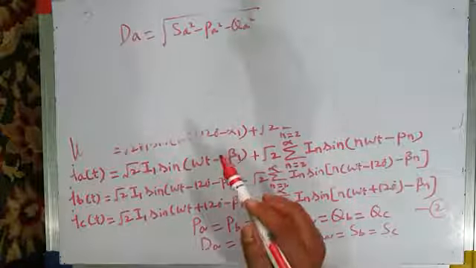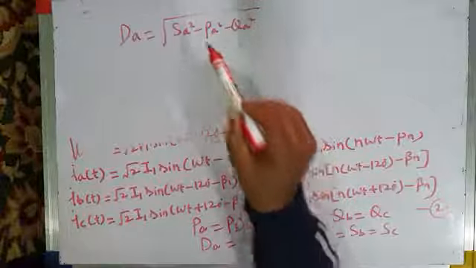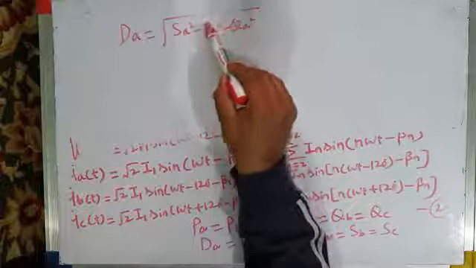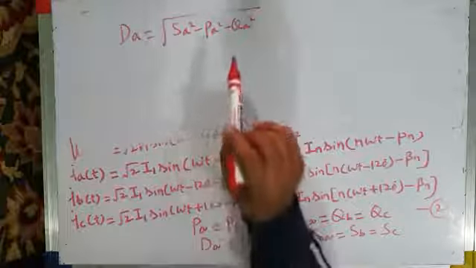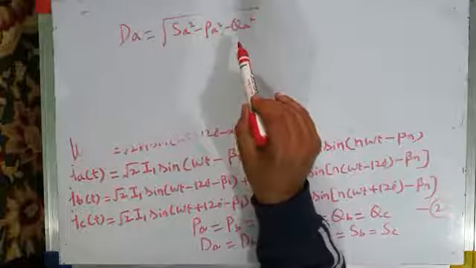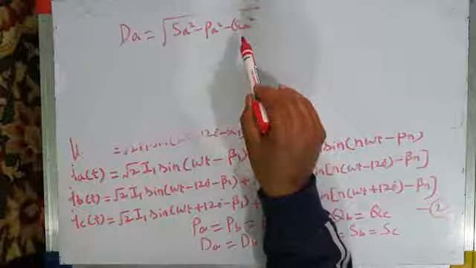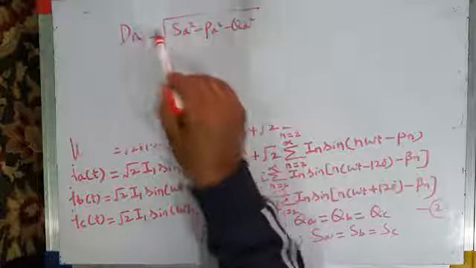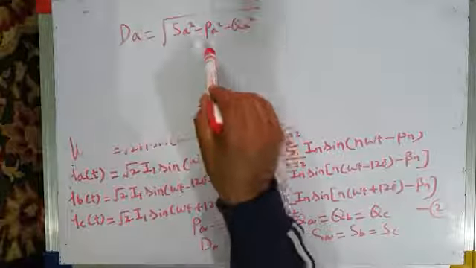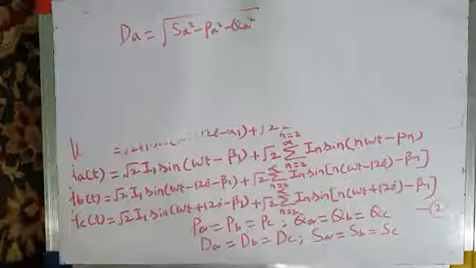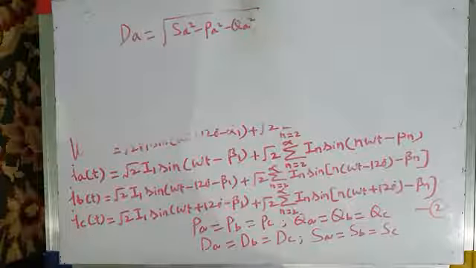Because interaction of similar harmonic components in voltages and currents, that is a part of active power, and power which is because of interaction of dissimilar harmonic orders in voltages and currents, that is distorted power or distortion power.